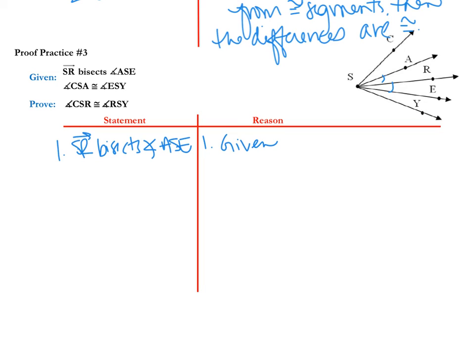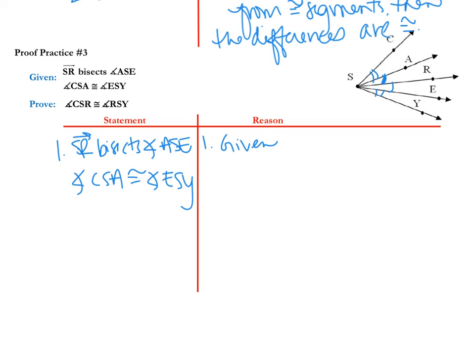So that means that these two are congruent. We also know that angle CSA is congruent to angle ESY. So we have both of our pairs.